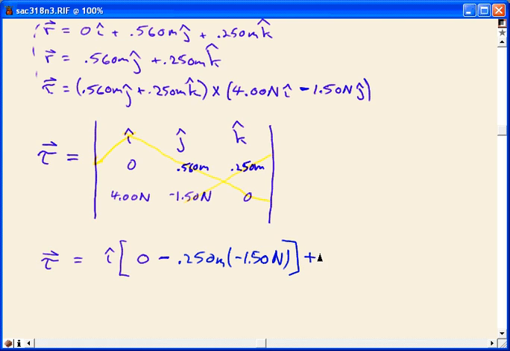Now let's work on the j term. So plus j, down and to the right. I'll do that one in green here. Down and to the right would be j times the 0.250. And then if I continue down, as if this was copied over down there, I run into this 4.00 newtons, so I'll have 0.250 meters times 4.00 newtons.